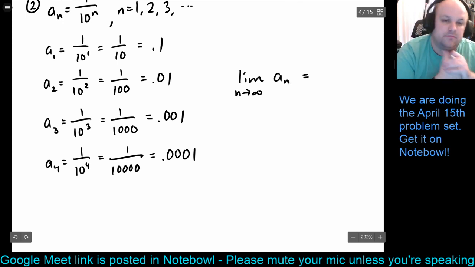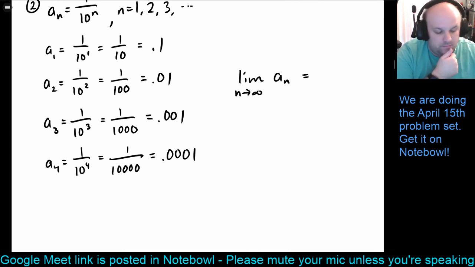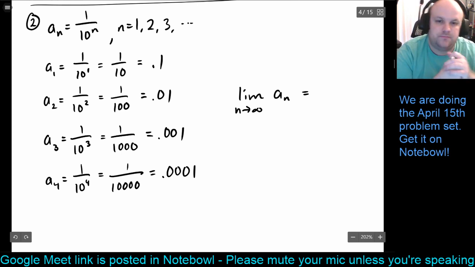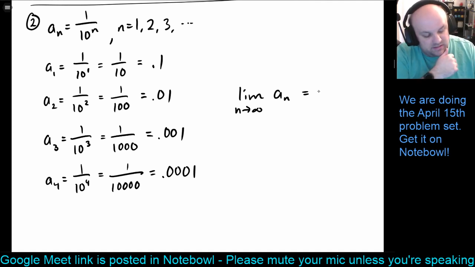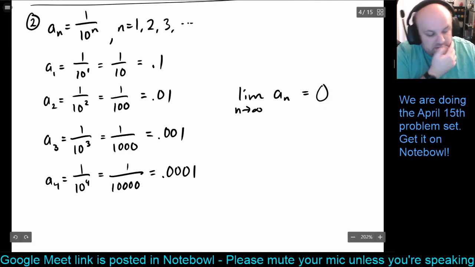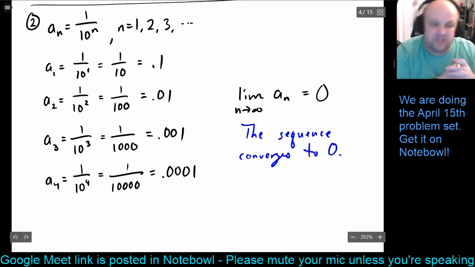So hopefully you can see here that this sequence is limiting towards 0. So we would say the sequence converges to 0. That's usually how we phrase that.